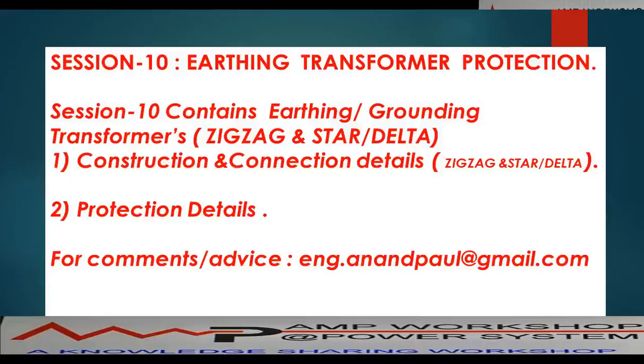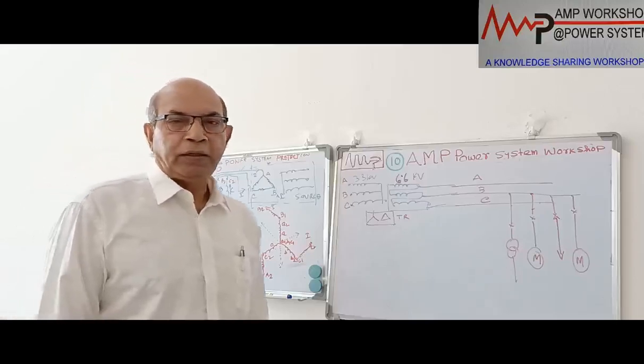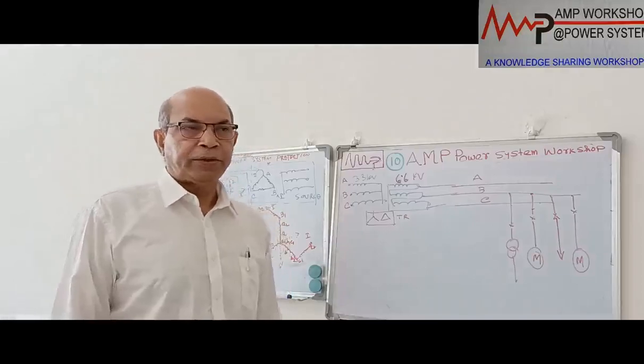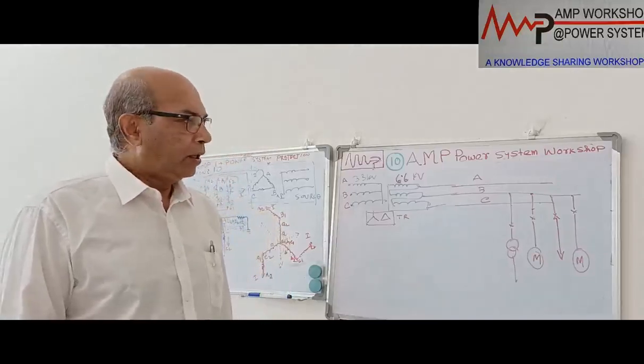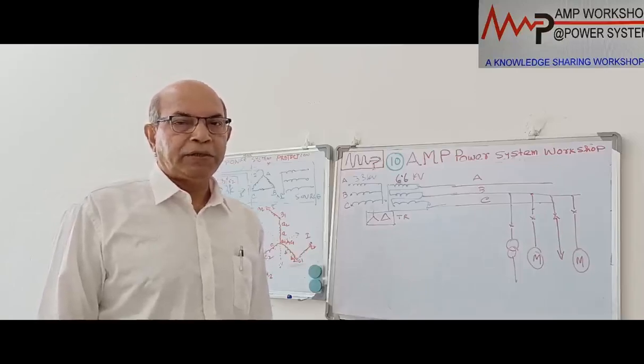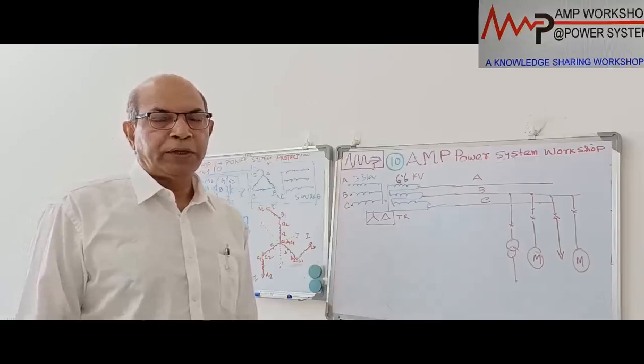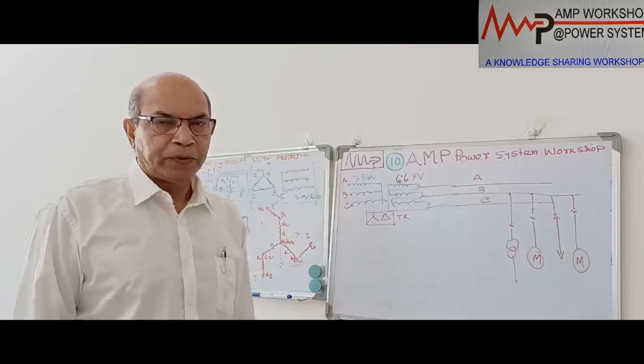We are going to discuss a new session 10, where we will discuss earthing transformer or grounding transformer and its protection requirement. Now, earthing transformer or grounding transformer, generally from the application point of view, we use in the power distribution system, where the power distribution system has a delta connected system.